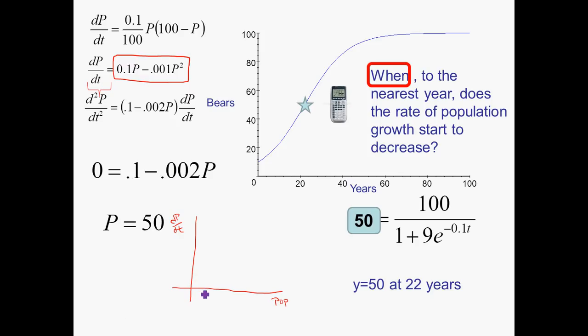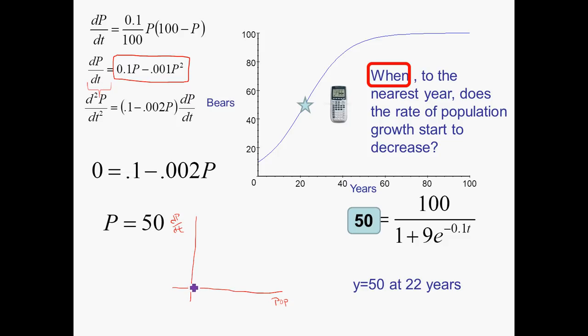Would you agree that even right before they put the initial bears in there, your population is 0, so your rate of change is 0? Your growth rate would be 0.